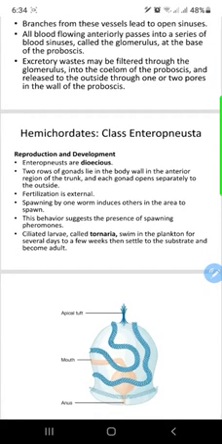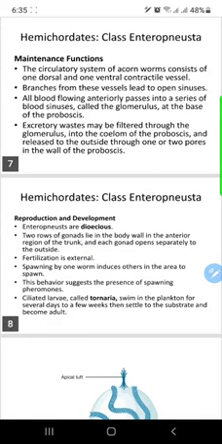Okay, reproduction and development. They are dioecious, meaning male and female animals are separate. Two rows of gonads lie in the body wall in the anterior region of the trunk. Gonads are present in the trunk region and open separately to the outside. Fertilization is external. Sperm and eggs are released into the water and they combine for fertilization.